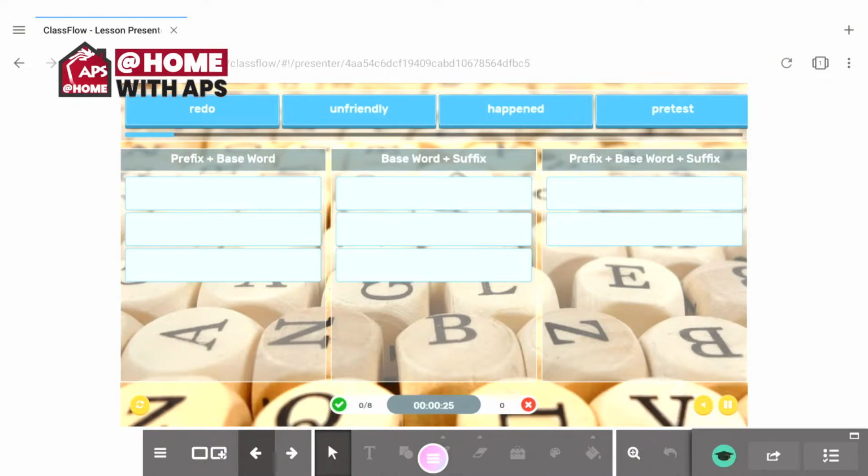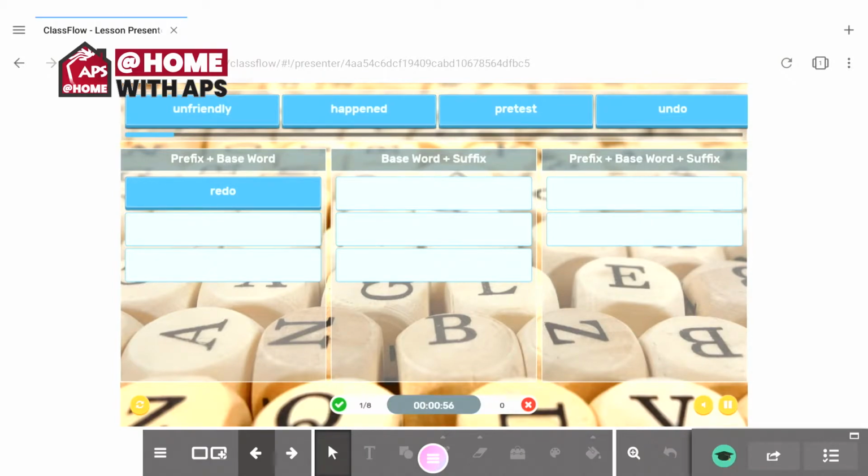Those are going to be longer words. So let's practice. I will start with the word redo. If you're playing a game and you make a mistake, you say redo. There's actually a base word in there, a word that can stand on its own. Do. Redo. There's a prefix in front of the base word do.